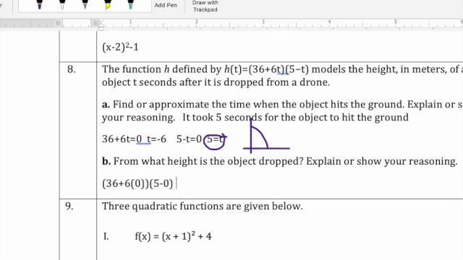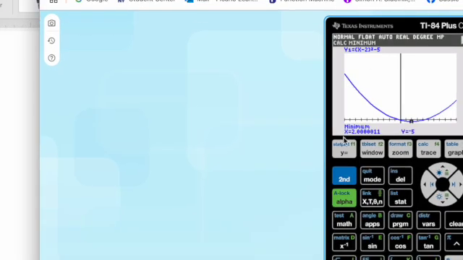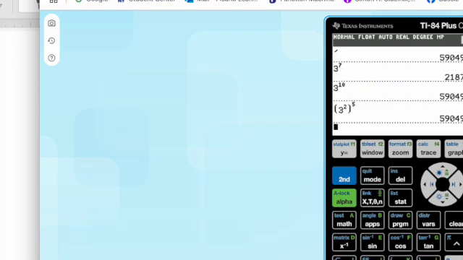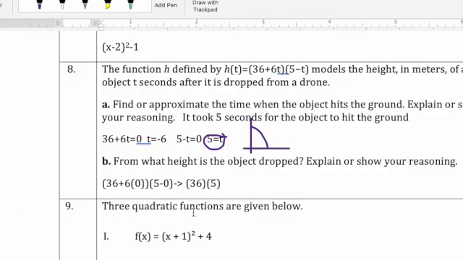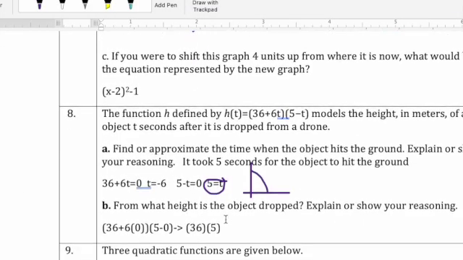Okay, we end up with 36, because 36 plus 6 times 0 is 36, and 5 minus 0 is 5. So we end up with a height that was 36 times 5. So I'm going to pull this up, and 36 times 5. So it was dropped at a height of about 180 meters.